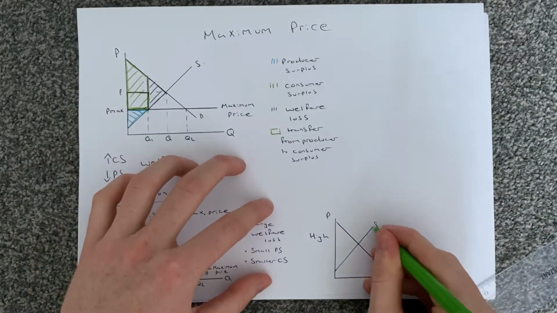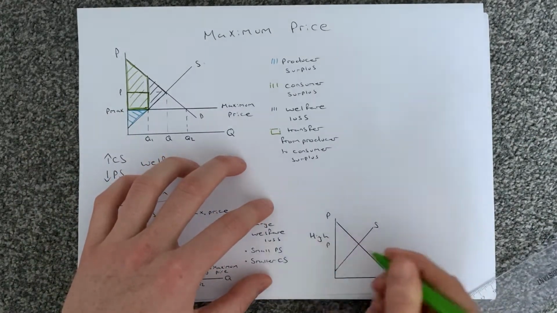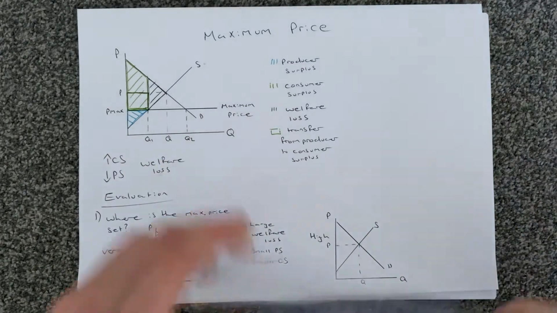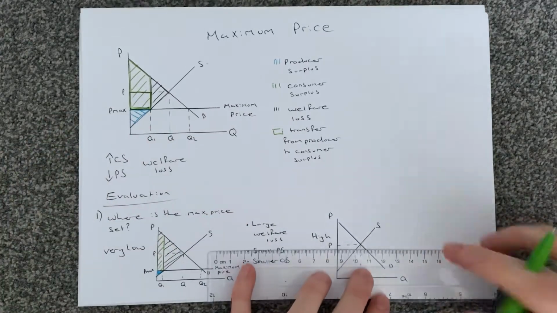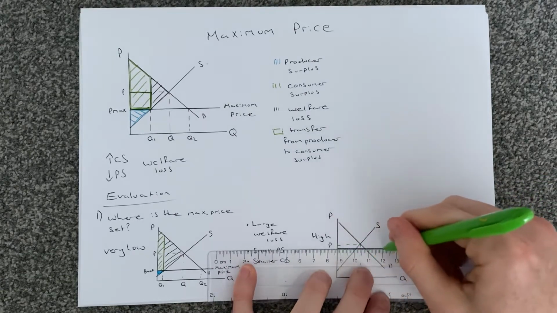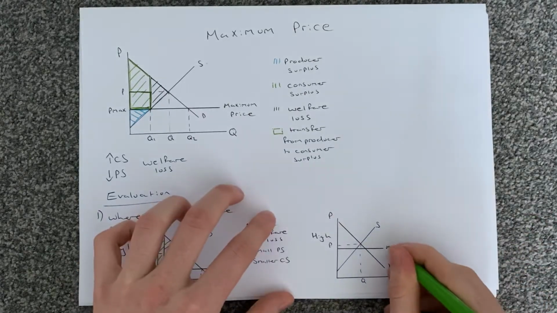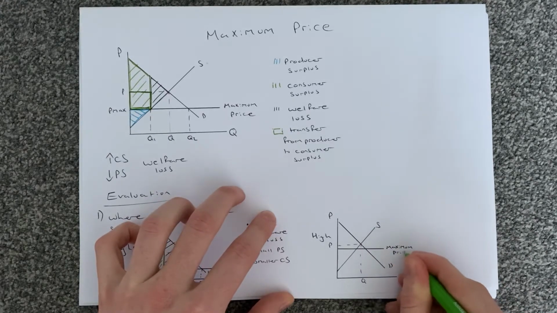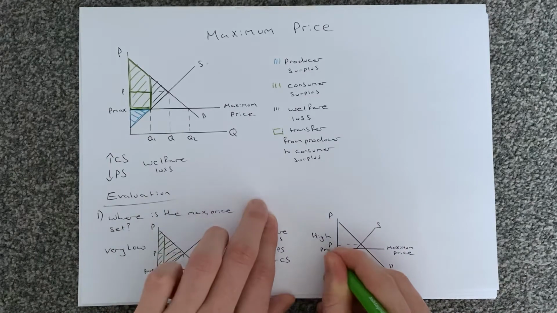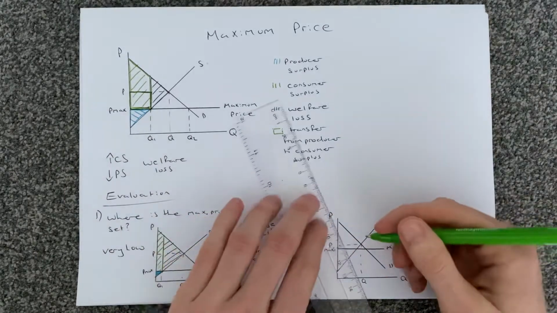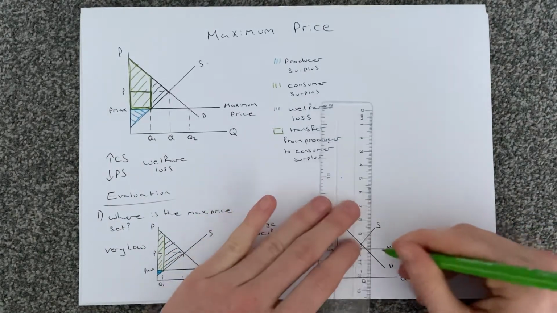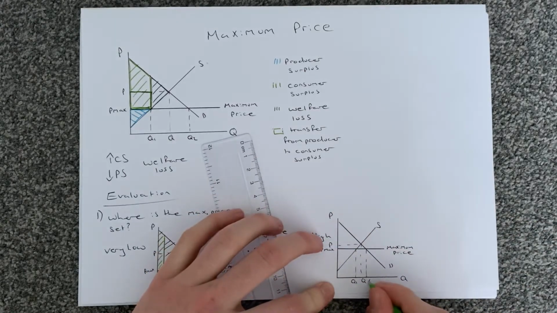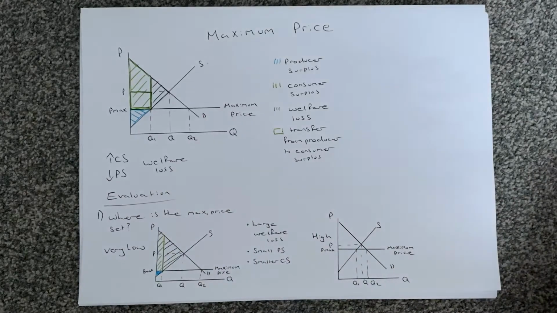There we go. Supply, demand, price, quantity, and then we'll make sure this maximum price is as close as we can to the original market equilibrium. Maximum price, P max, and let's add in our quantities now. Quantity supplied, Q1, quantity demanded, Q2.